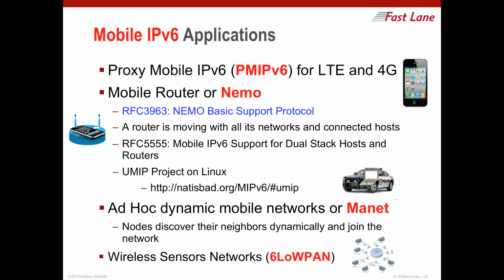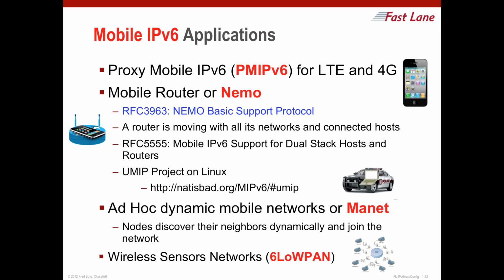The mobile IPv6 protocol gave birth to many applications. One is the proxy mobile IPv6 protocol for the smartphone. One is the mobile router. One is the dynamic networks which are built dynamically, discovering neighbors and using mobile IPv6.